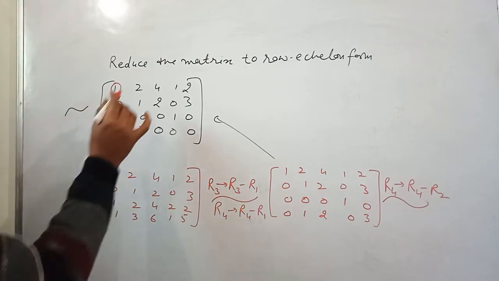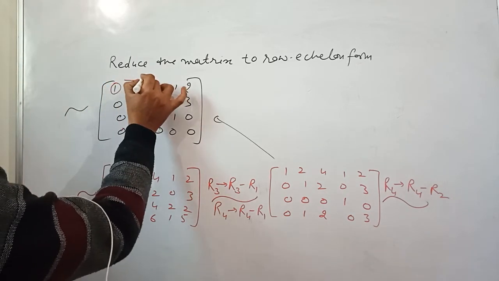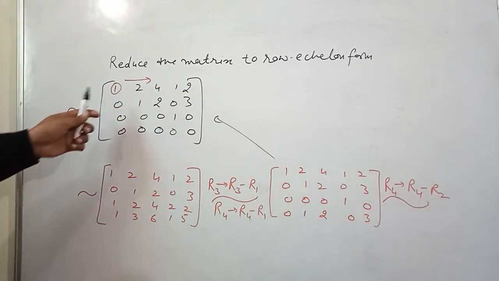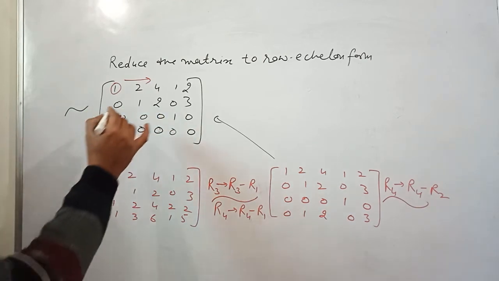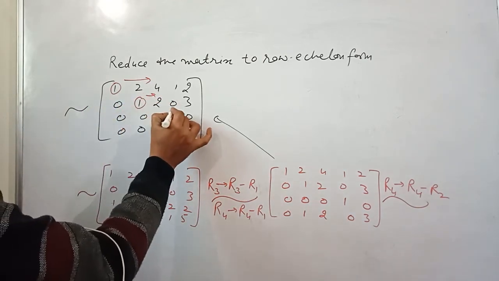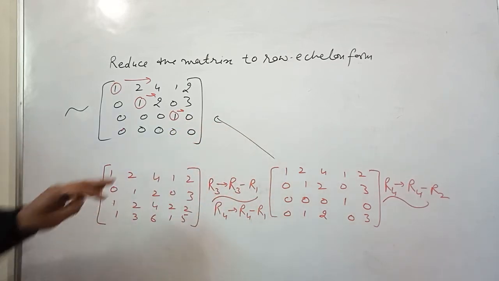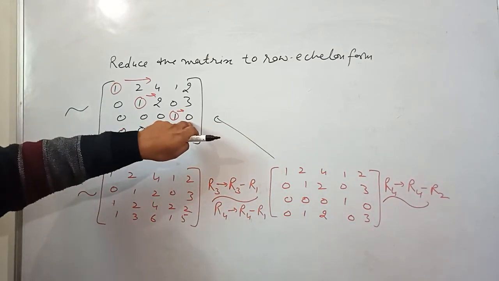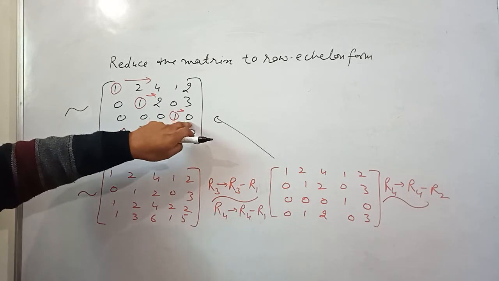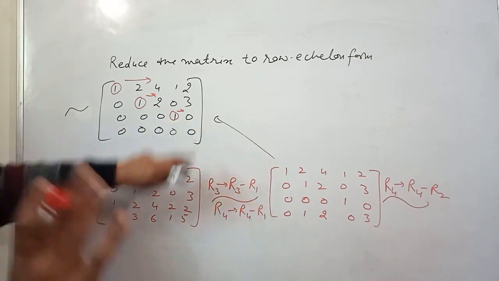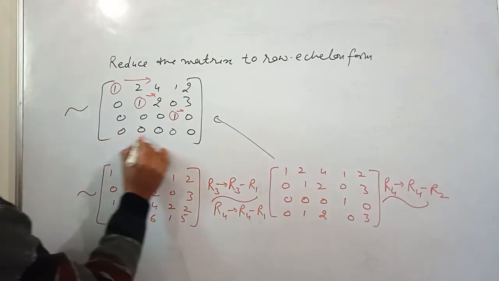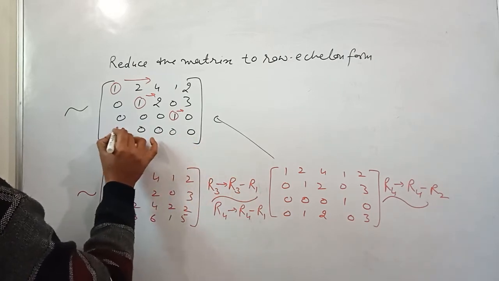All the entries are to the right of this non-zero entry. Here is 0, so it is not a requirement that here there should be a non-zero entry. There may be 0 also. So this is the third point.